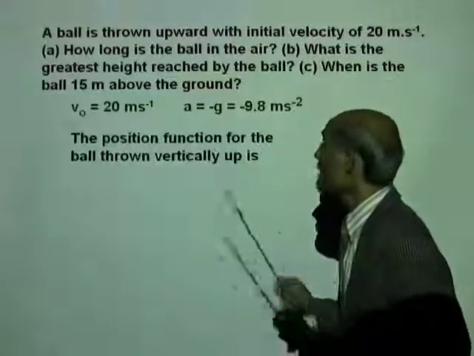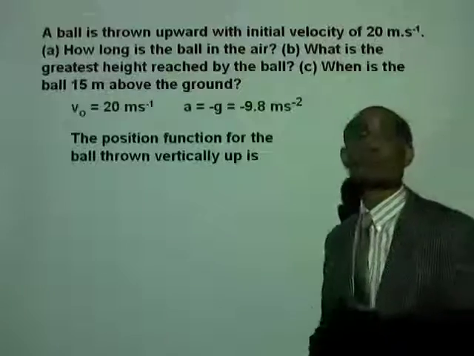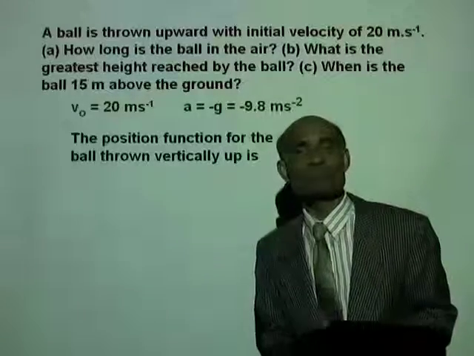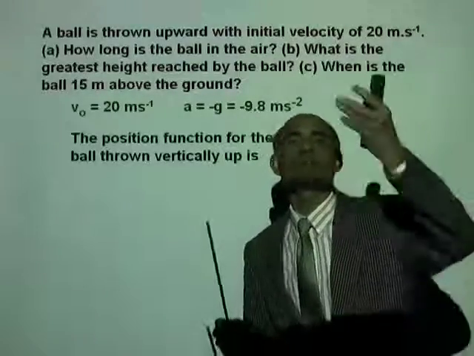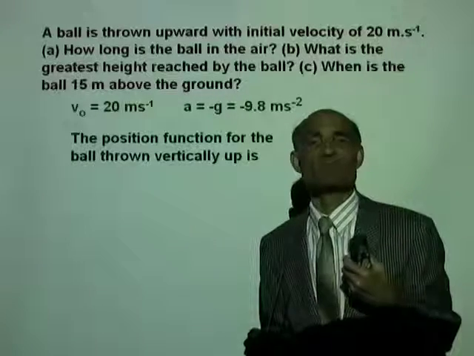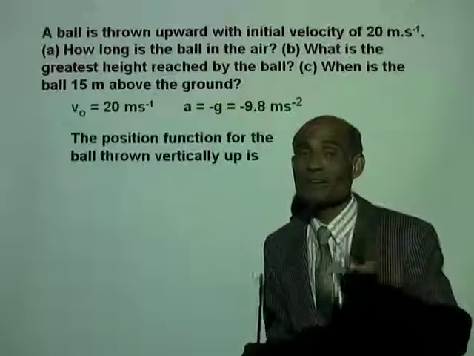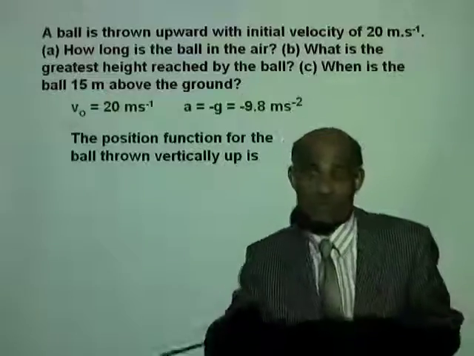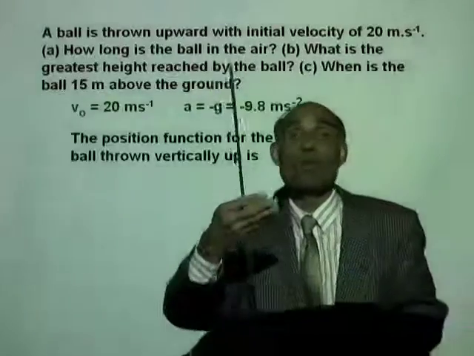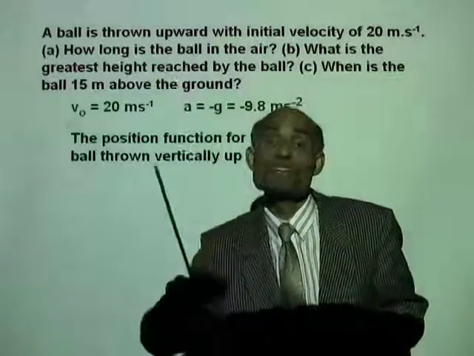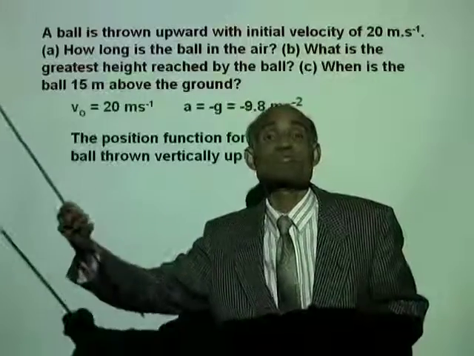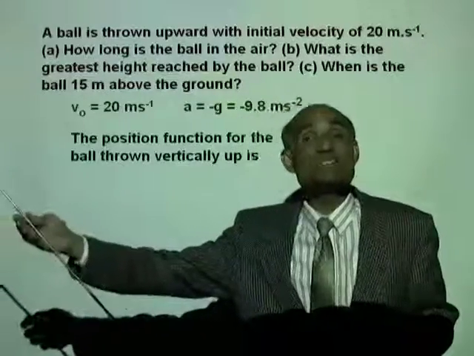The position function for the ball thrown vertically up. What is the position function for the ball that is thrown vertically up? What is the displacement equation? Y equal to, for vertical motion we use Y. Y equal to y0 plus v0t plus 1/2 at squared.